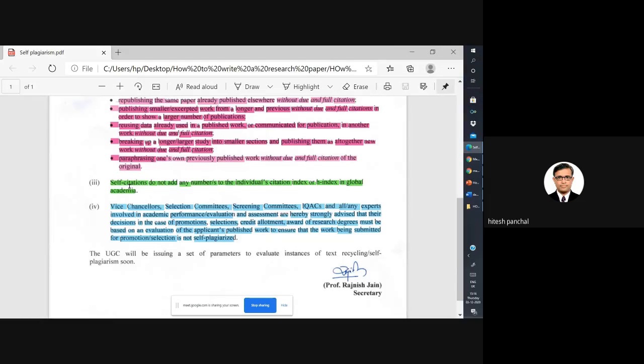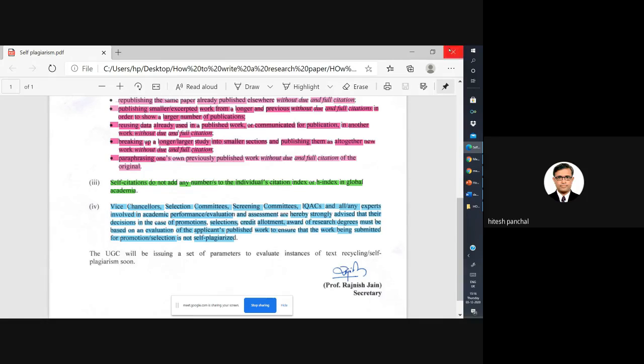That is why this circular is very important. So if you want to publish your article with the same words of your previously published article, it is not ethical, and sometimes you will be in trouble.